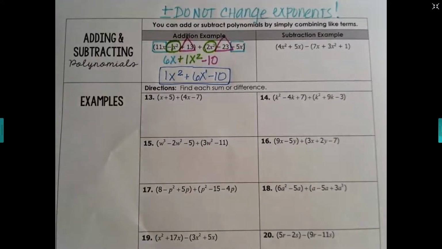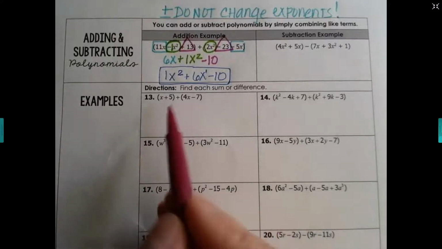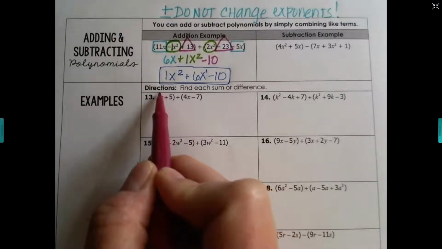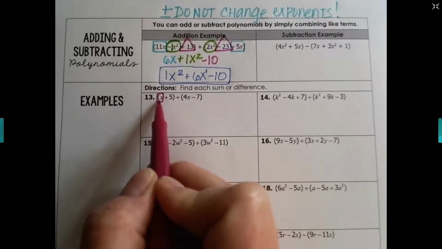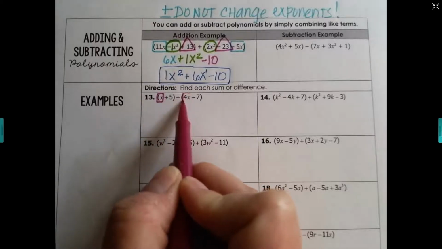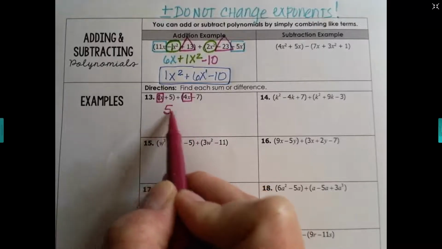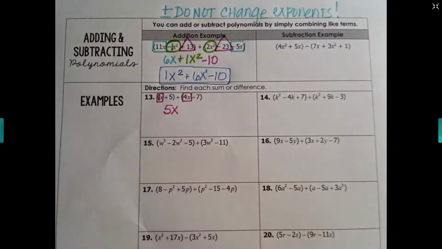Okay, let's do a couple more additions before we look at the subtraction problems. So let's look at number 13. It's adding in between. That means we're just going to find like terms and combine them together. I have x. Look all the way through. There's another single x. Those are the only two. Remember, here's a 1. 1x plus 4x is 5x.